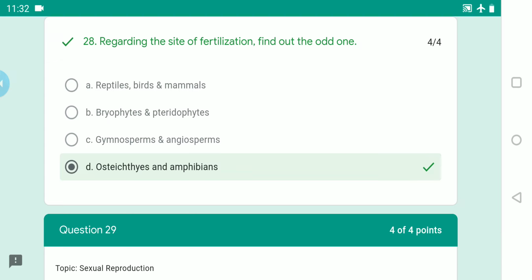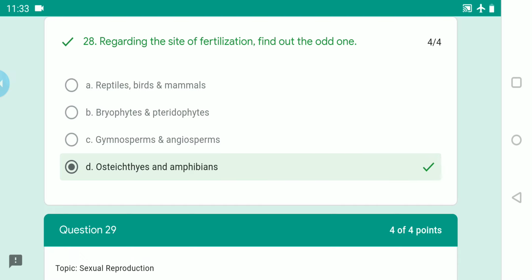Next question. Regarding the site of fertilization, find out the odd one. So here, osteichthyes and amphibians. Osteichthyes, which come under the bony fishes, and amphibians. So reptiles, birds and mammals, during the period of evolution, are all egg laying. Then bryophytes and pteridophytes show similar characteristics.